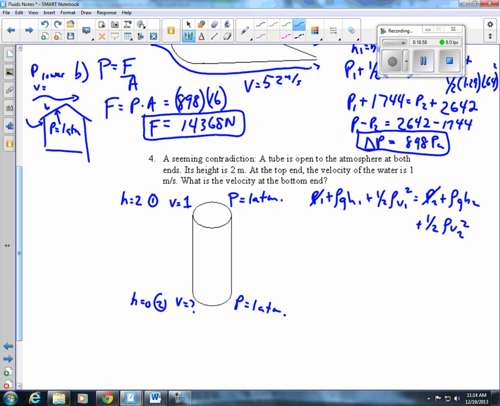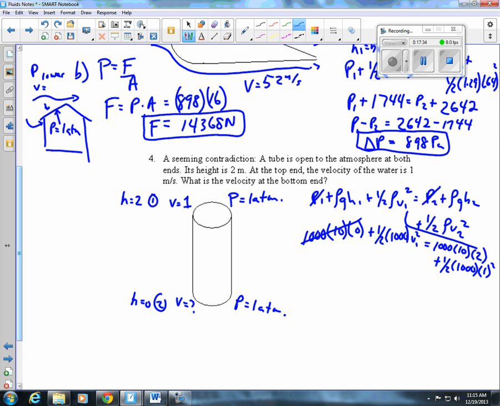It's water in the pipe, so I can use 1,000 for the density. So 1,000 times 10 times H1, H1 is 0, plus 1/2 times 1,000 times V1 squared, because we're trying to find the velocity at the bottom, which we don't know, equals 1,000 times 10 times 2, the height was 2, plus 1/2 times 1,000 times 1 squared.